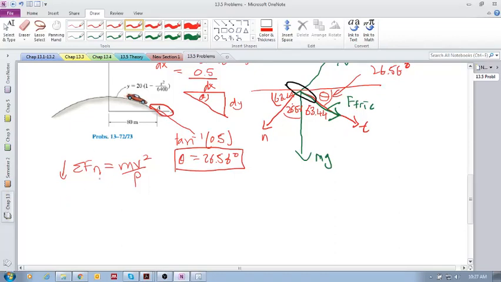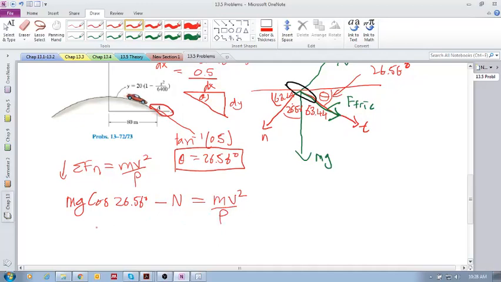Now, what are all the forces in the normal direction? We're going to have mg cos 26.56, which gives us the mg component in the normal direction, and it's plus. Then minus the normal force is equal to mv squared over rho.